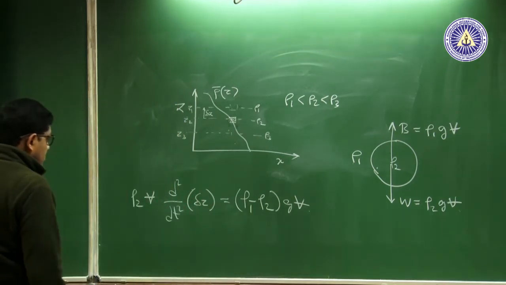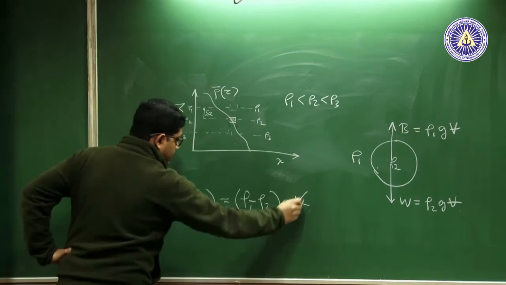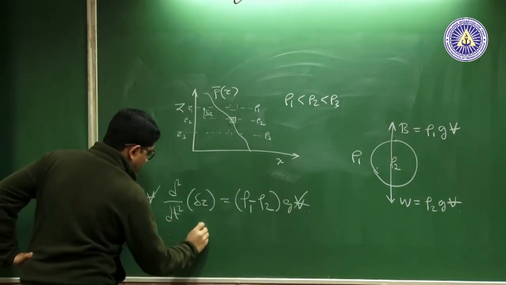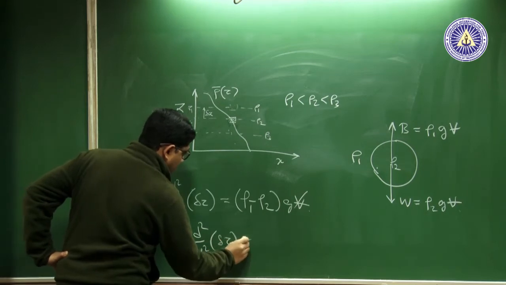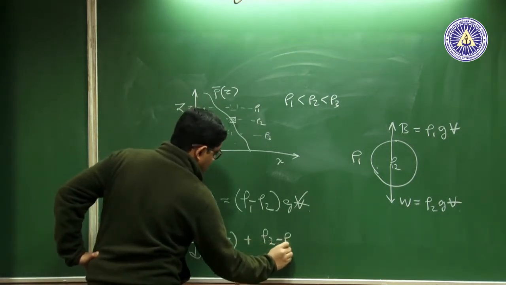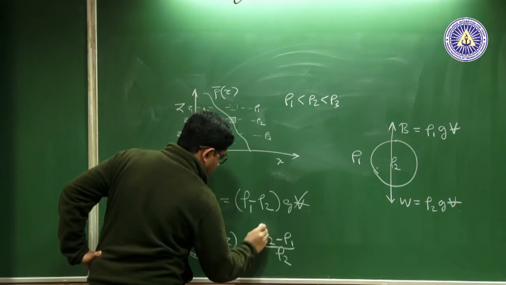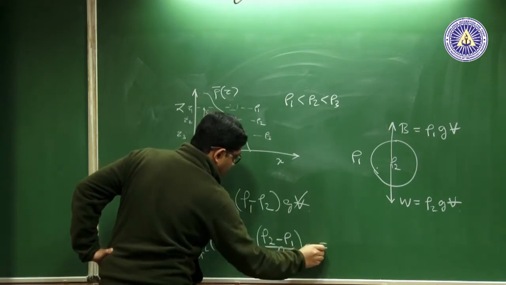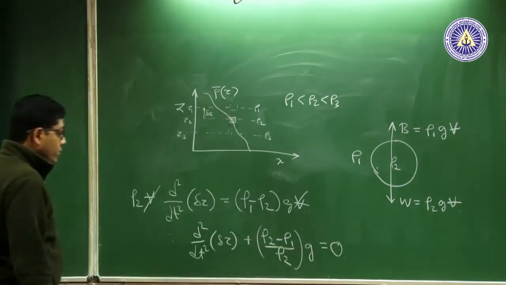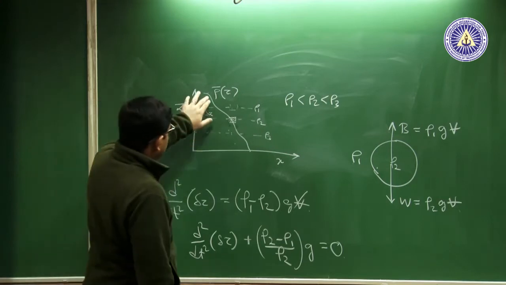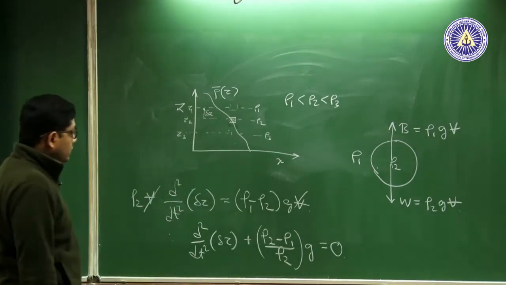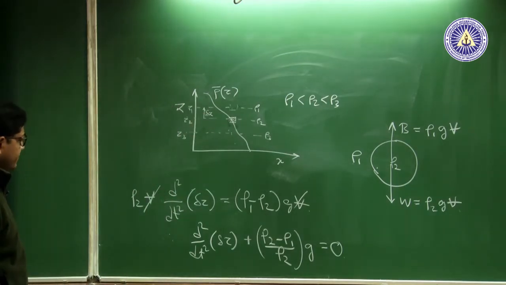Okay. So, the V V cancels, therefore, so now you have come to this point. Now, can we write rho 2?